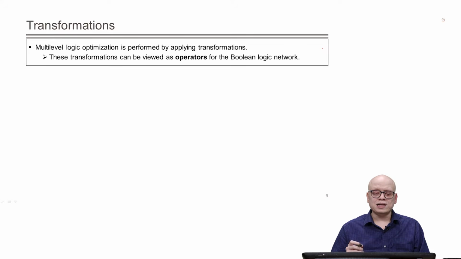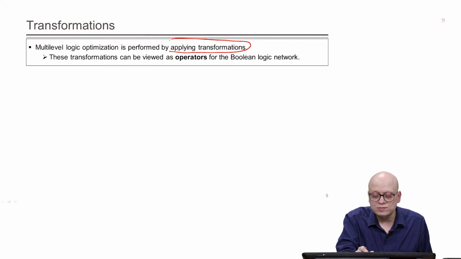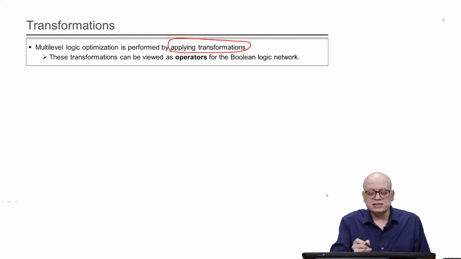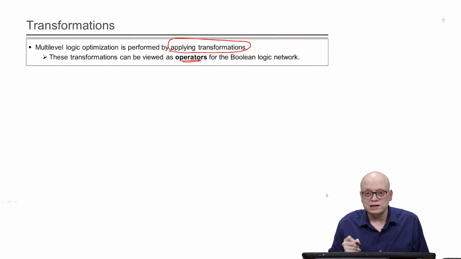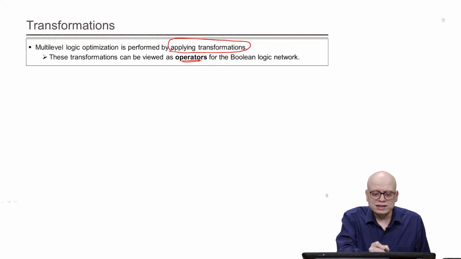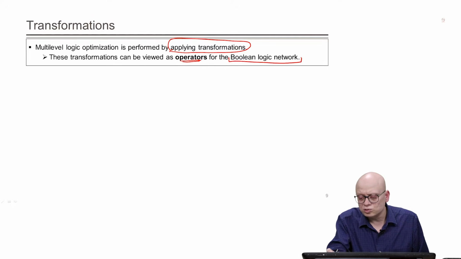For multi-level logic optimization, we apply a sequence of transformations. These transformations can be viewed as operators for the Boolean logic network. We'll look at what these operators are shortly.